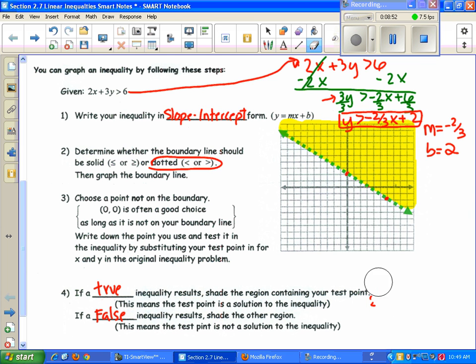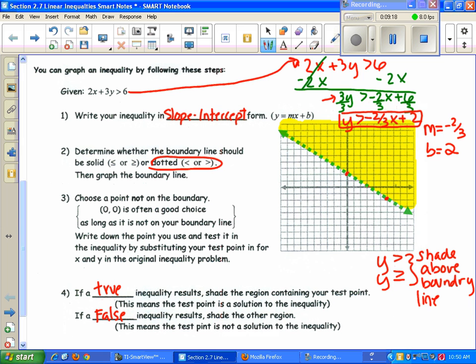If my inequality is y is greater than, or y is greater than or equal to, notice y is greater than, so that means you're going to shade above your boundary line. So straight above your boundary line.